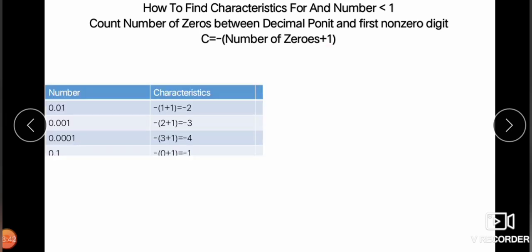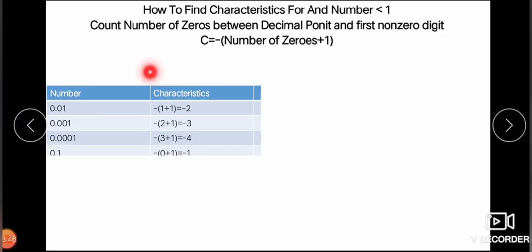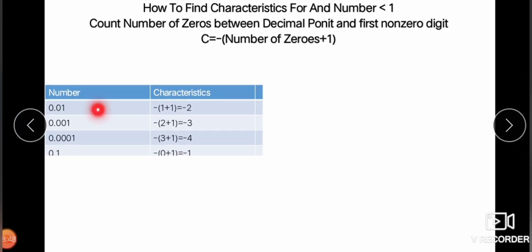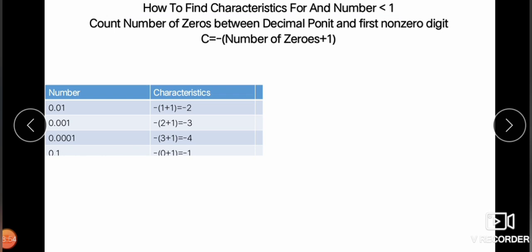Let us say, suppose there are numbers 0.00001, 0.01, all less than 1. For the first number 0.01, the number of zeros between decimal and first non-zero digit is 1. So minus of 1 plus 1 is 2. 2 is the characteristics of this number.